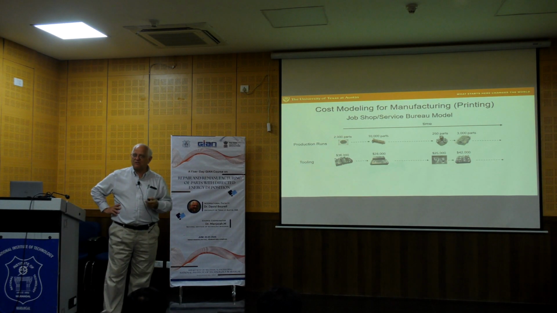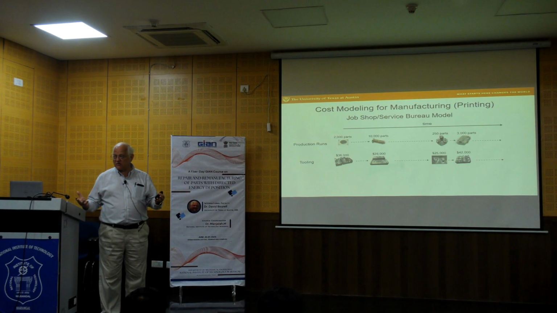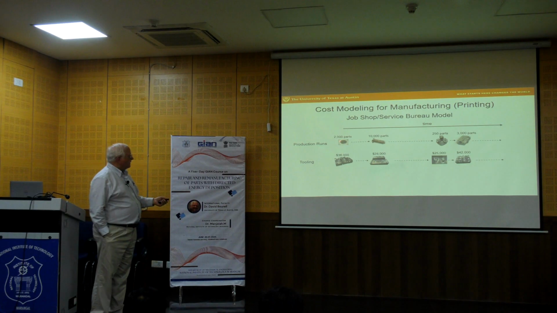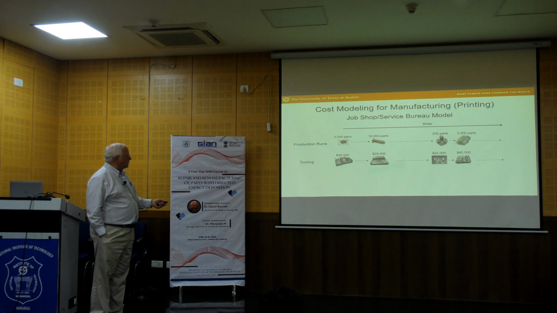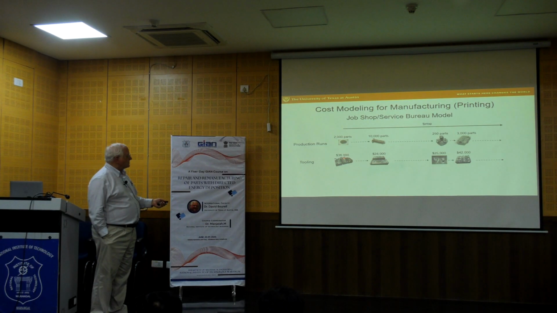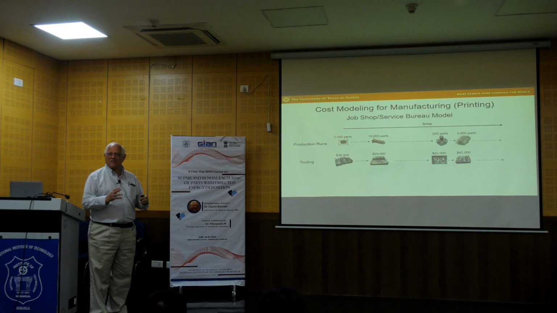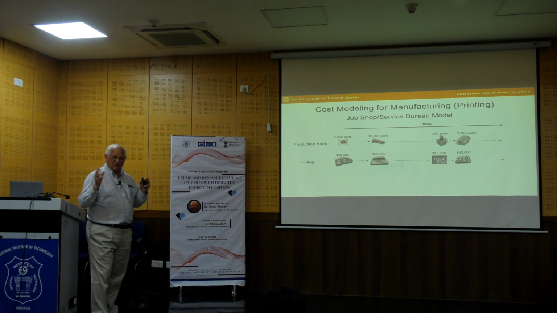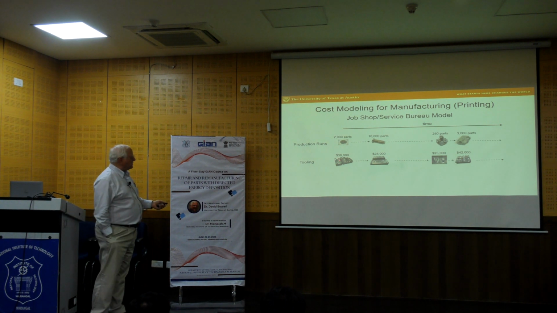If we were in a conventional process, like injection molding or die casting, for each one of these parts we'd have to create a mold set or a die set or some tooling. And don't worry about the fact that the tooling doesn't match the geometry of the part. This is just for illustration purposes.